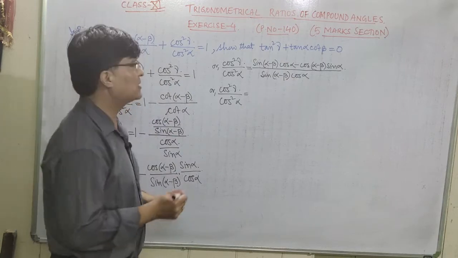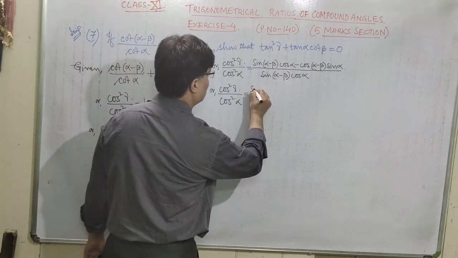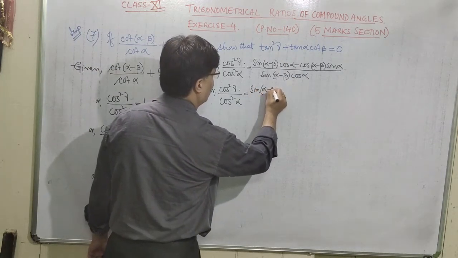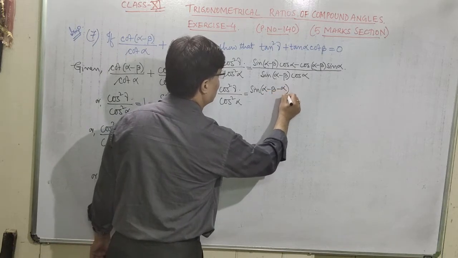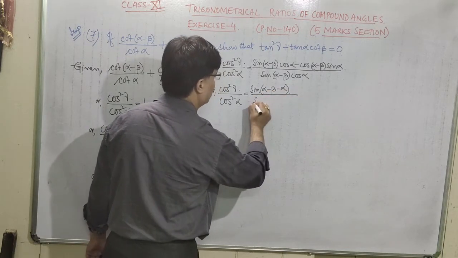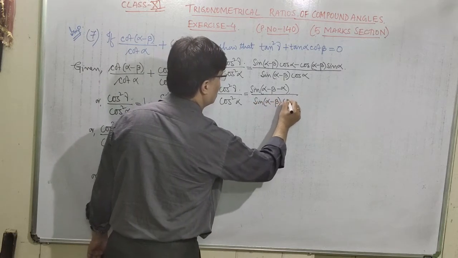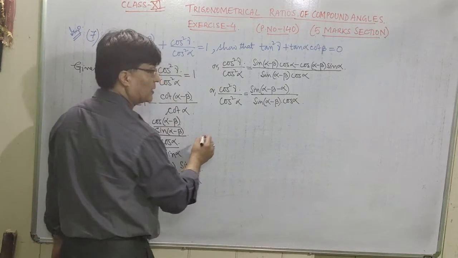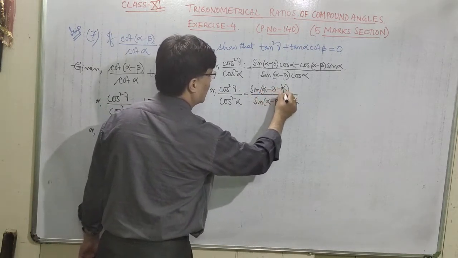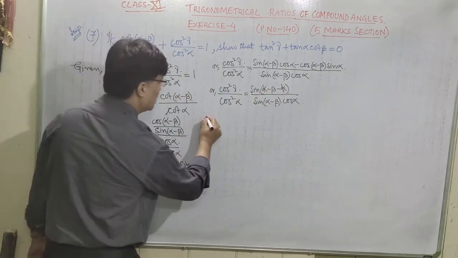What is the formula? Sin of A minus B. So this is sin of alpha minus beta minus alpha divided by sine of alpha minus beta into cos alpha. Right? So here alpha gets cancelled.